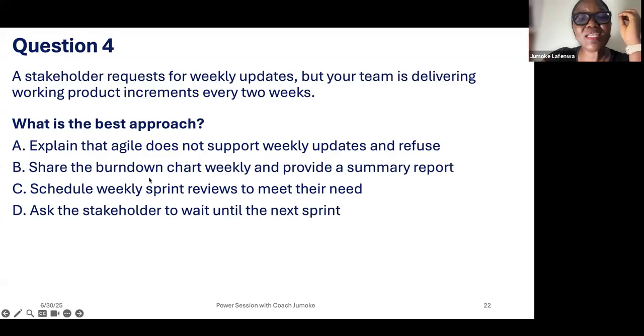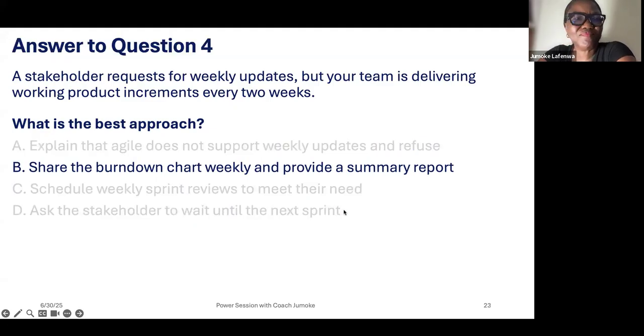Explain that Agile does not support weekly updates and refuse. This is not being friendly with your customer. Share the burn down chart weekly and provide a summary report. Schedule weekly sprint reviews to meet their need. So this is the answer.